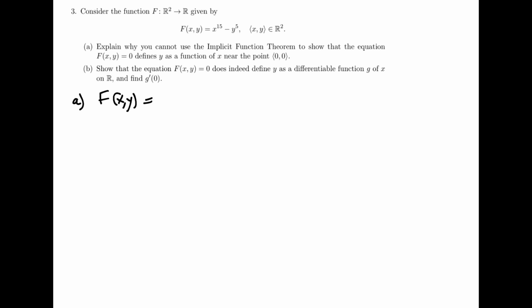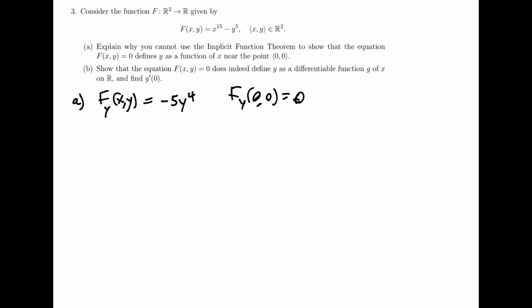So what's the derivative with respect to the y variable? Sorry, the partial derivative with respect to the y variable. Well, that's equal to minus 5 y to the fourth. And here we see that if we plug in the point, which is 0, 0, we get 0. Yeah? And the implicit function theorem, one of the requirements is that this derivative is not equal to 0.